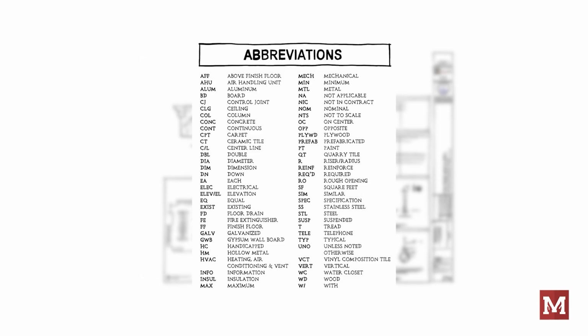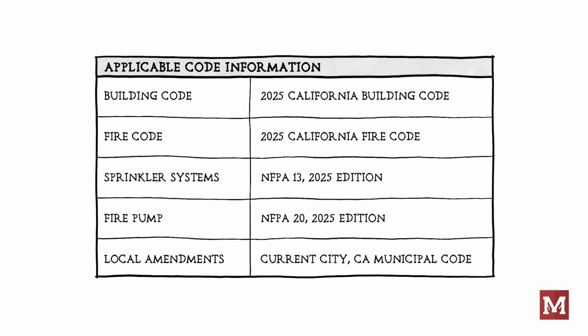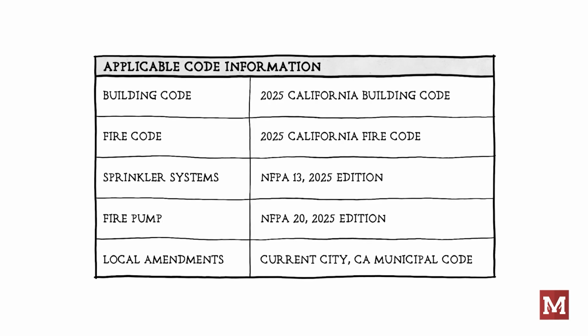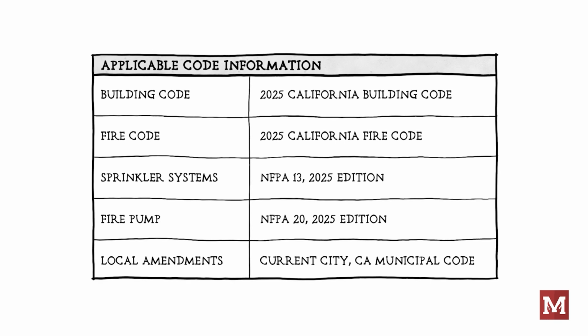However, just like with symbols, there may be other abbreviations legends elsewhere in the document specific to the trade that particular sheet applies to. Another important information block in or around the first couple pages of a plan set outlines the codes that apply to the project. For instance, we know that most of our sprinkler system designs are governed by NFPA 13, but it's important to know which revision cycle of 13 governs our project.